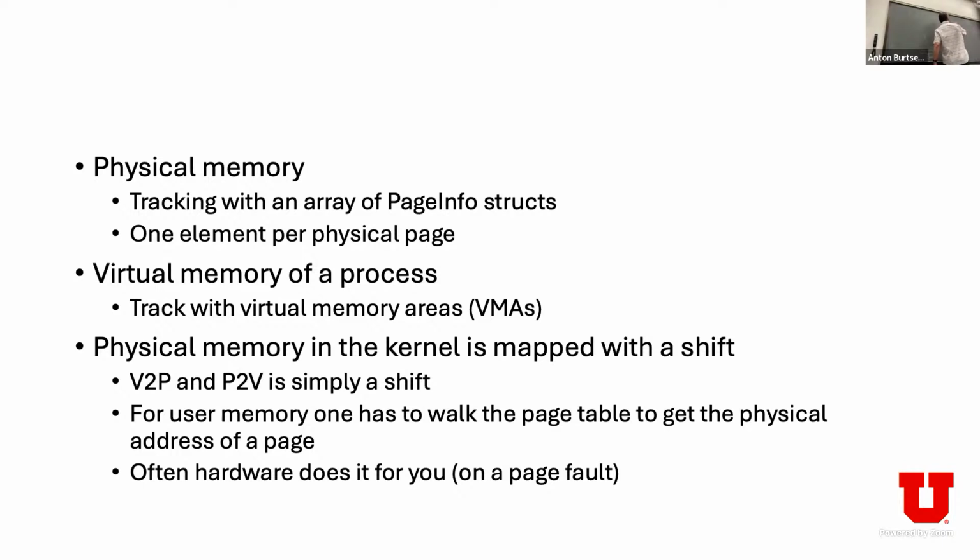Roughly speaking, just to start with, it contains the start address and the end address of this region. And if we have a second virtual memory area, it will also have a start and an end. So this is start, this is end, right?